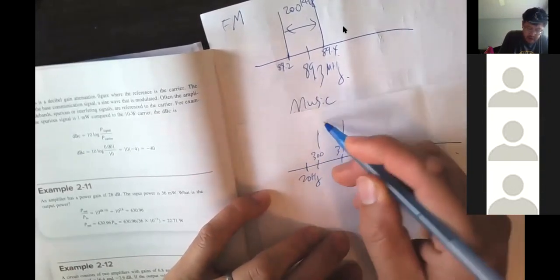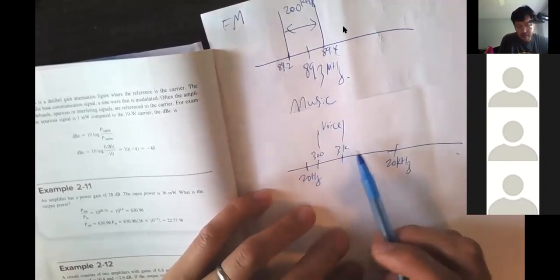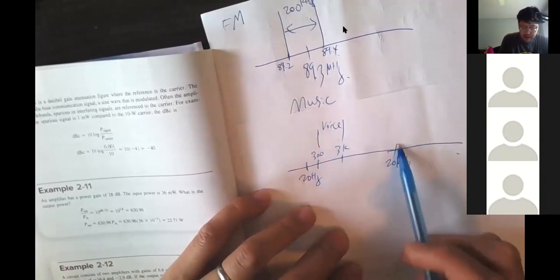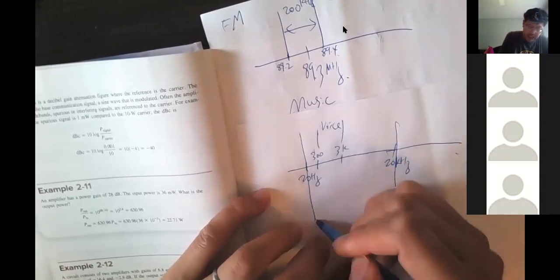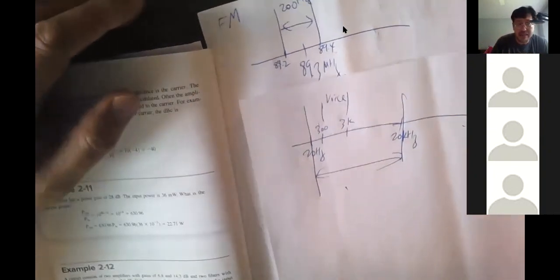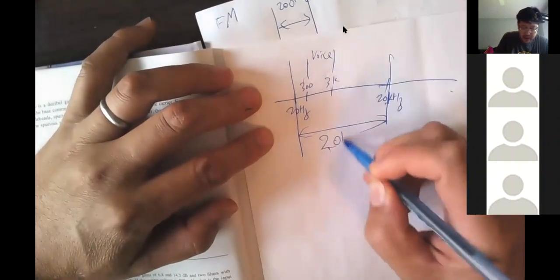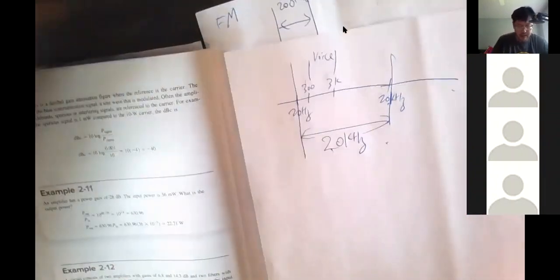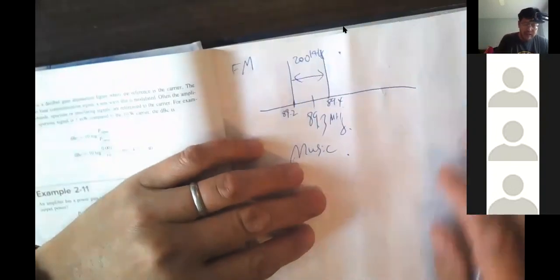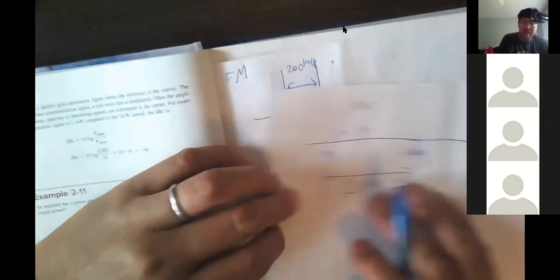That's voice payload. So when you want to just transmit voice, that's the payload. But when you want to transmit high fidelity, high definition music, the payload is 20K hertz. Why do you need 200K for a 20K hertz?